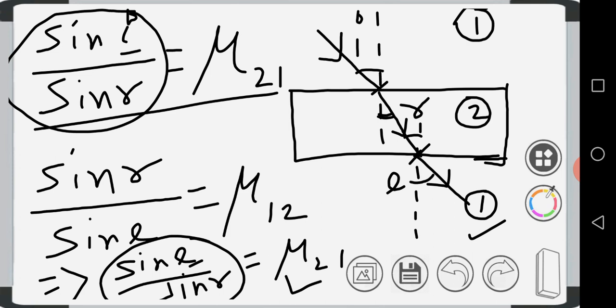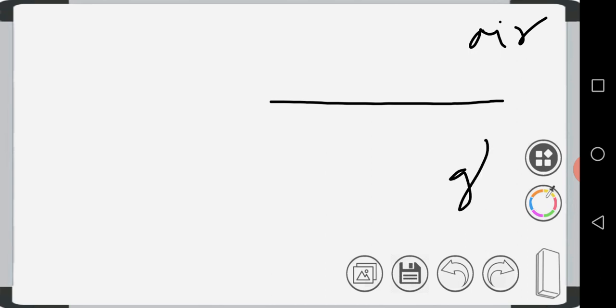Then we will discuss the refractive index, mu. Suppose this is the boundary of a medium. This medium is air. This medium is some medium like glass. Now refraction is taking place.